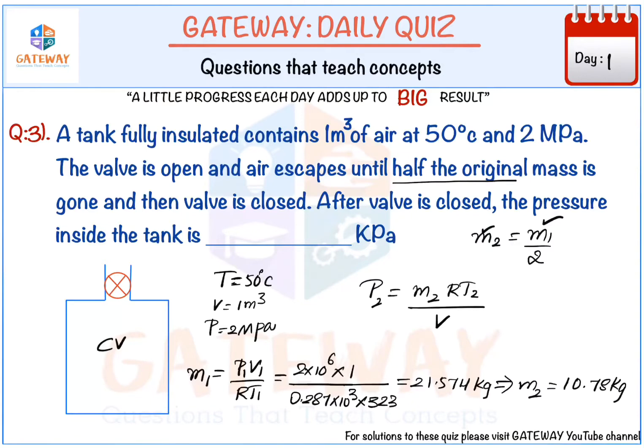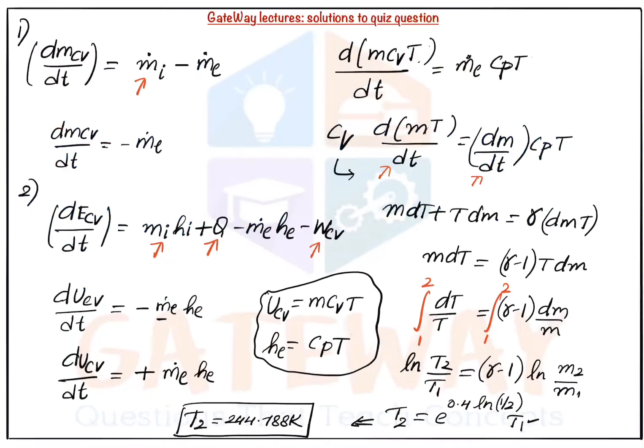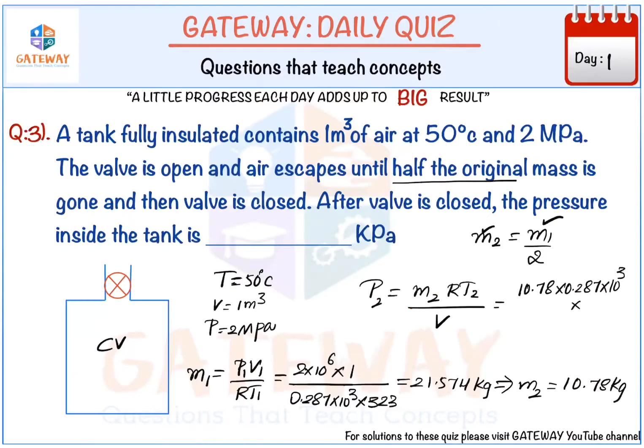From that we'll get the value of m2 as m1 by 2, which is 10.78 kg. So we substitute 10.78 kg into R bar 0.287 into 10 power 3, into the final temperature we have already calculated, 244.788, divided by the volume, which remains the same, 1 meter cube.